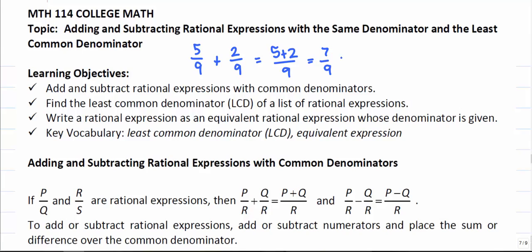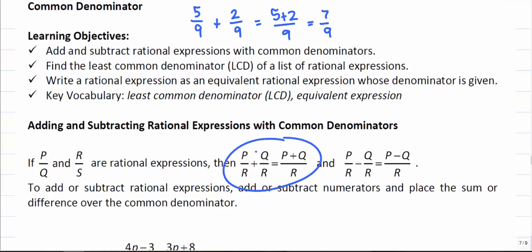Yay. Same thing for subtraction. So if the denominator is the same, then everything's great, right? And I don't know why this says P over Q and R over S. That should probably say P over R and Q over R. If those are rational expressions, then you add or subtract them by simply adding or subtracting the numerators.